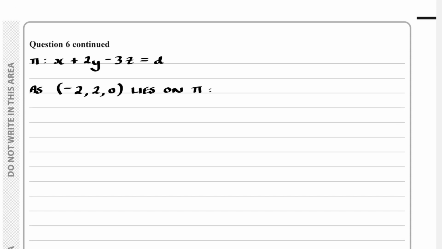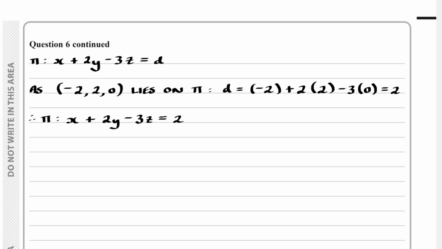Now we know that (-2, 2, 0) lies on pi, and so if we substitute this point in, we can find out what d is. So d is equal to negative 2 plus 2 multiplied by 2, subtract 3 lots of 0, we will find d to equal 2. And if that's the case, then pi has equation x plus 2y subtract 3z equals 2.